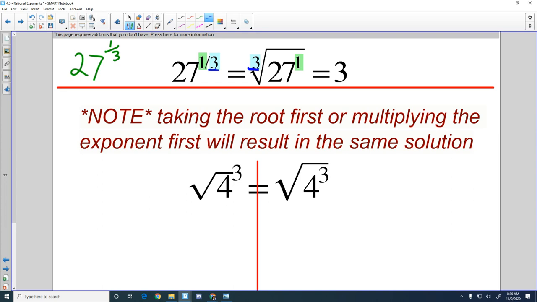That numerator, that 1, look how it just stays there. You don't do anything with it, okay? So all you need to focus on: numerator stays put, just take that denominator and move it in front and make it a radical. Then you no longer have a really weird fraction for an exponent. Then simplify it if you can. For example, the cube root of 27 is 3, because 3 times 3 times 3 is 27.